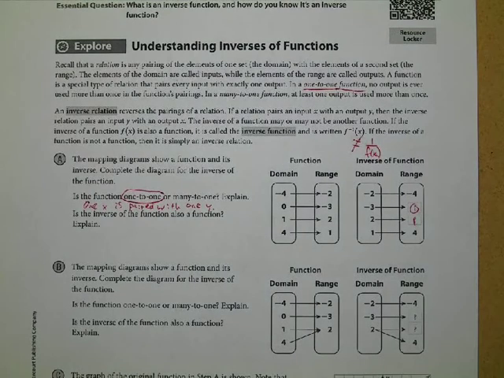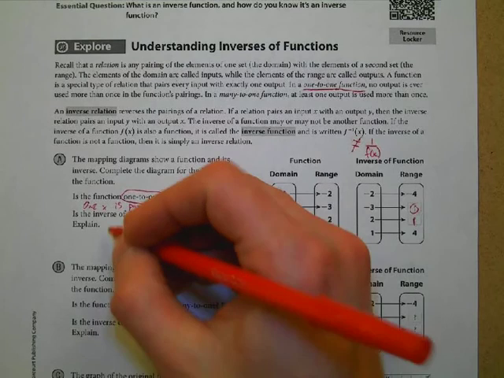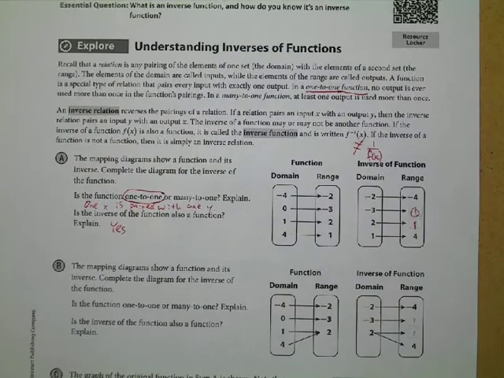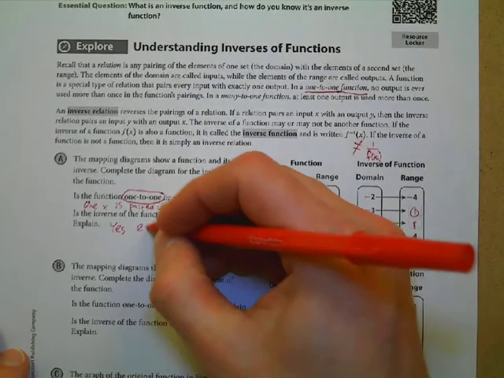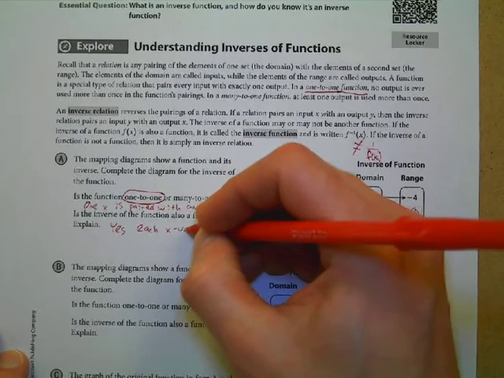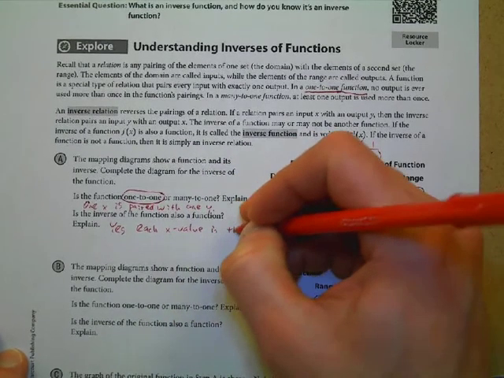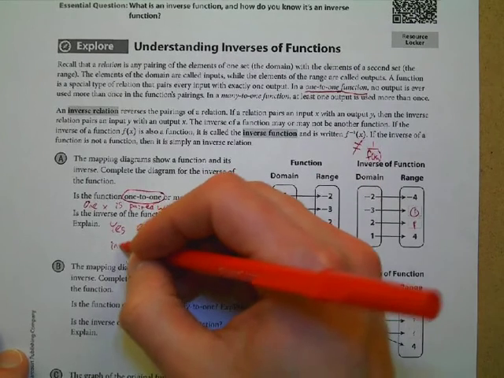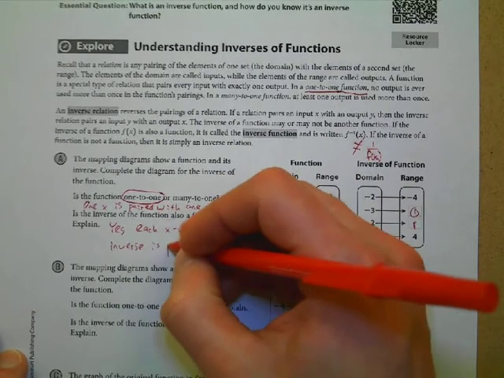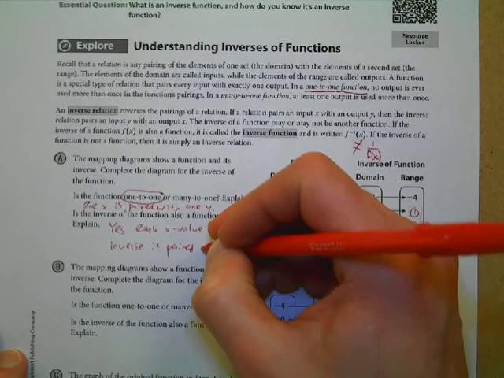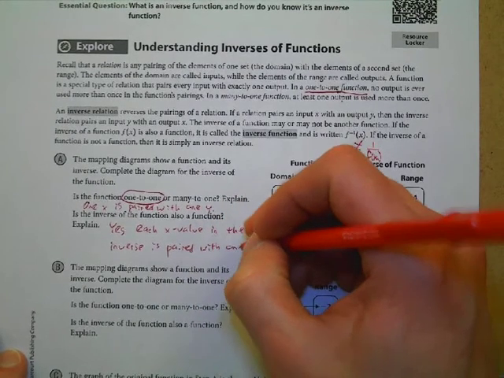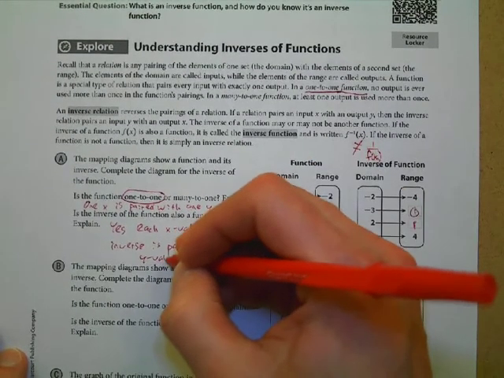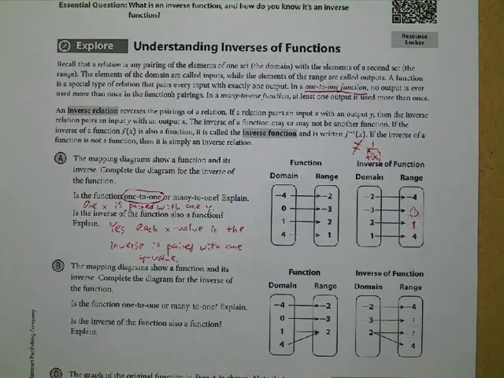Is the inverse of the function also a function? Yes or no? Yes, it is, okay? Each x value in the inverse is paired with one y value. Okay? One y value.